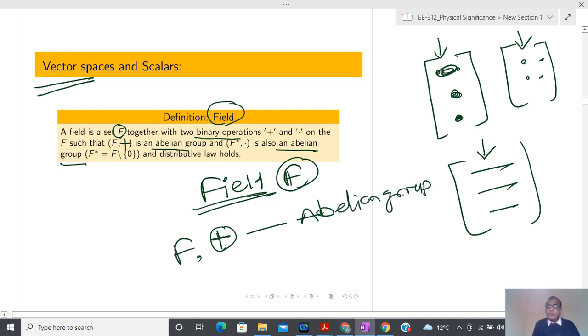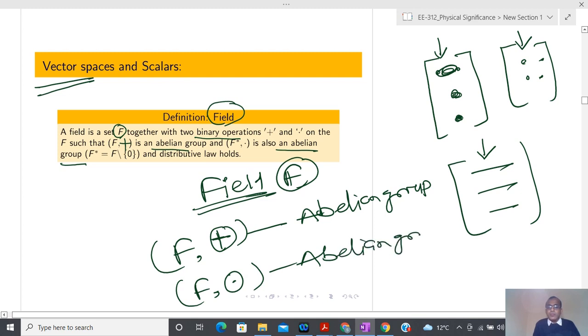Abelian group means closure is satisfied, associativity is satisfied, inverse is satisfied, identity is satisfied, and since it is abelian, commutativity should also be satisfied. So there is no restriction here. But in the second operation, it again forms an abelian group, but this time I am not going to include zero.